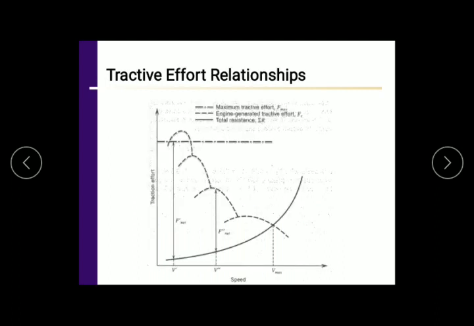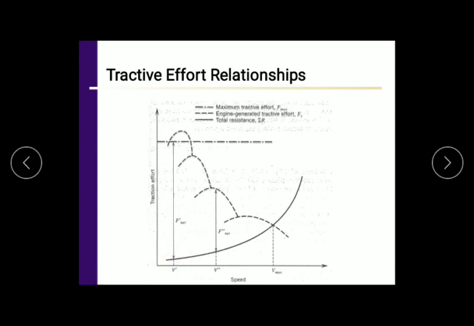Now the tractive effort relationship. Take a practical example. When you want to drive a car, initially you require less speed and higher torque. Higher torque is required for the movement of the vehicle. So initially the effort required is more and speed is less.